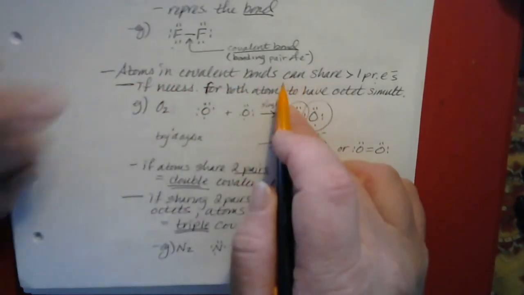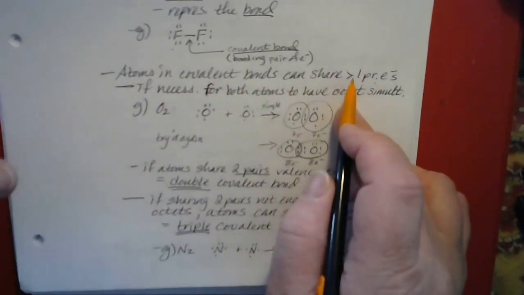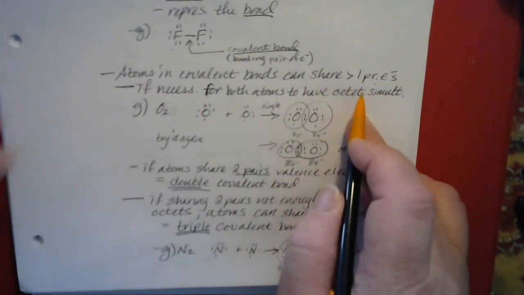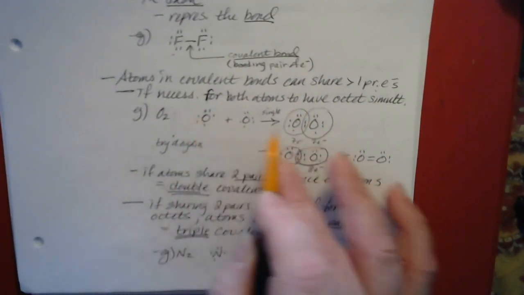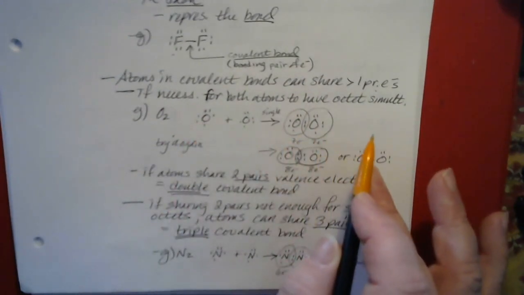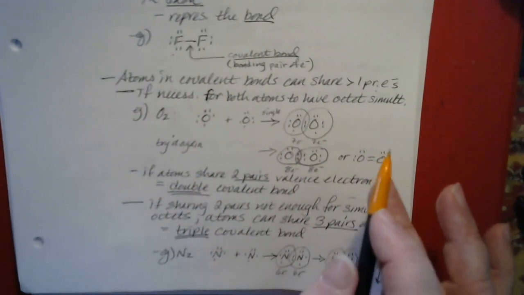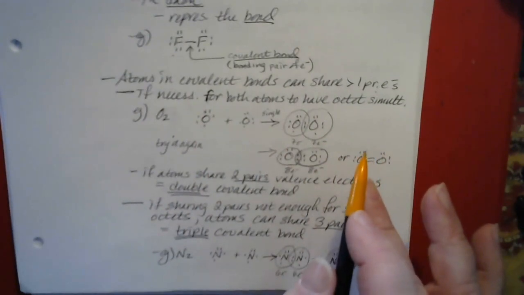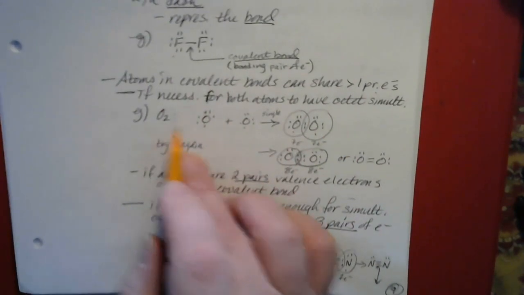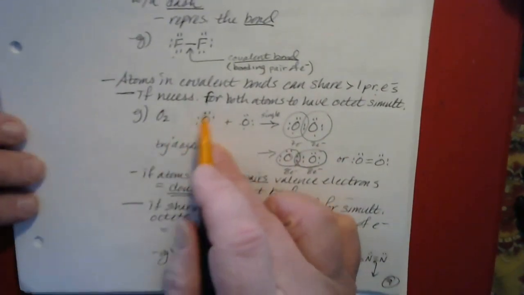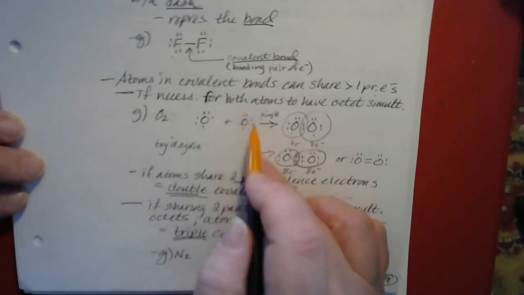The atoms in covalent bonds can sometimes share more than one pair of electrons. And that's in cases where sharing one pair of electrons doesn't get them to an octet. And there are lots of cases like that. In that case, they will usually just share more than one pair of electrons. A good example of that is oxygen. Each oxygen atom has 6 electrons.